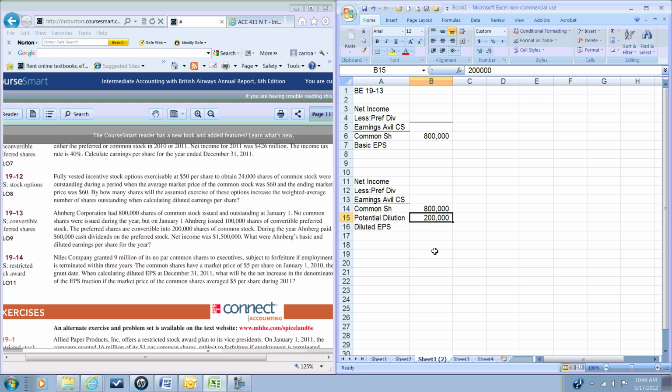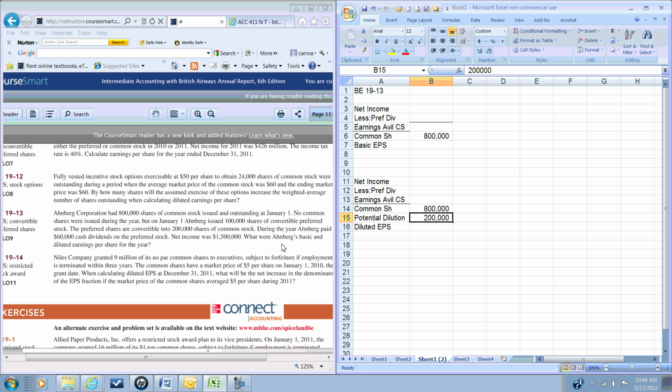So if the preferred shares are converted, the company will have a total of 1 million shares of common stock. And since these were issued on January 1st, the potential dilution is for the whole year. So for the weighted average, it will be the whole amount.